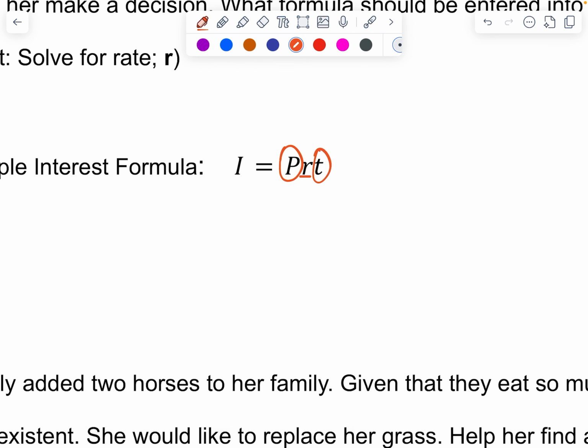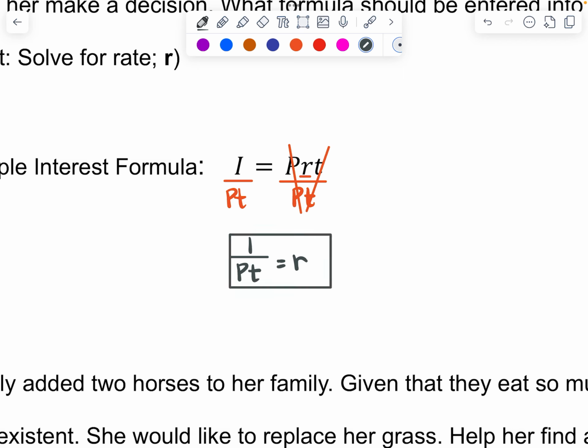The R is just getting multiplied by the PT, so we can just divide both sides by PT, because the P cancels over here, the T cancels over here, and that is how we get the R by itself. So this is just a big, very wordy story problem that's literally just asking you to solve the literal equation for R. I'm going to put little things on here to make that look like an I. There we go.